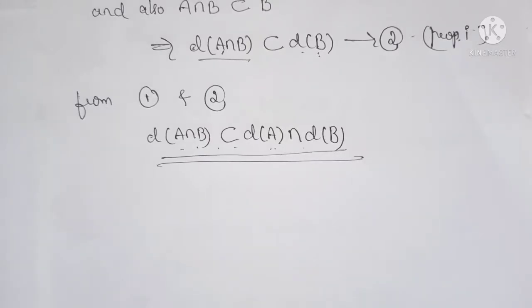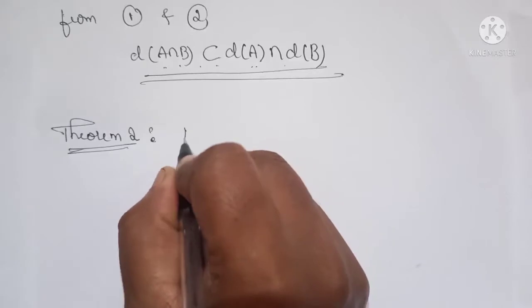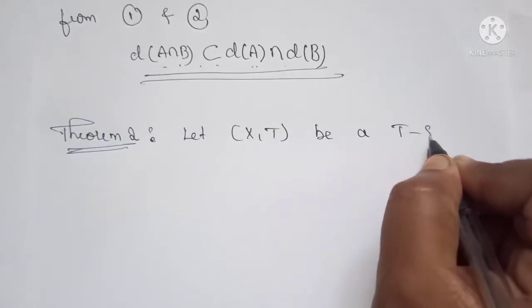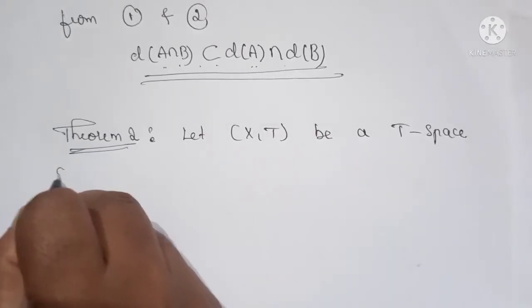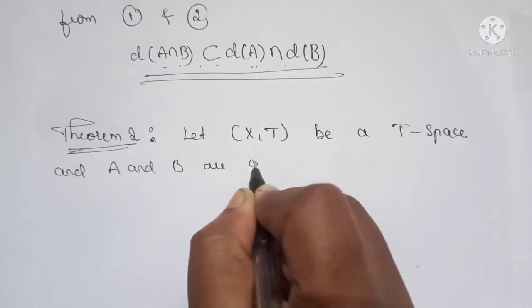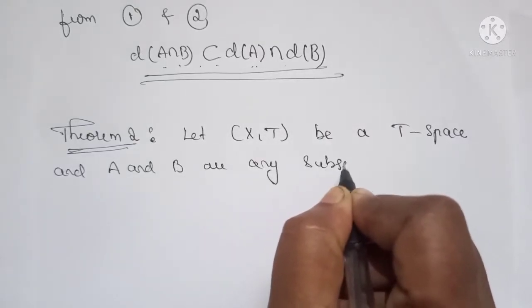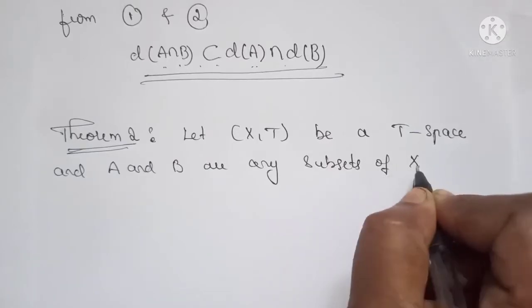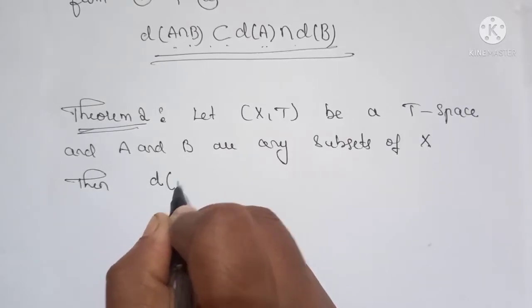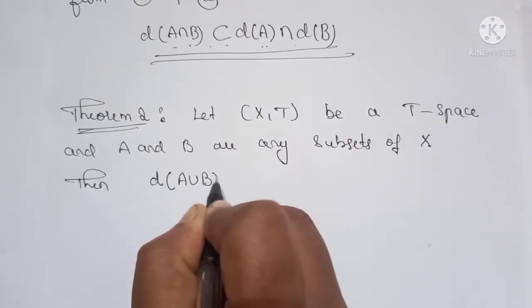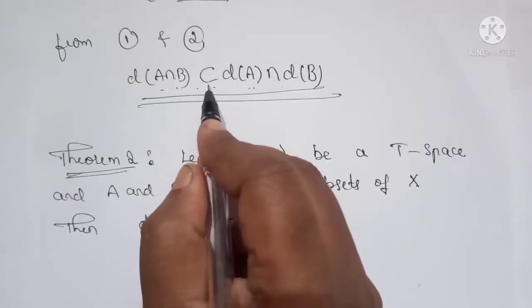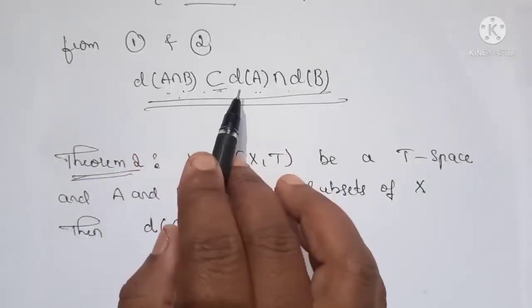Okay. Now the second property: again let (X, T) be a topological space and A and B any subsets of X. Then the derived set of A union B is equal to, here we have equality, whereas for intersection it was only a subset.